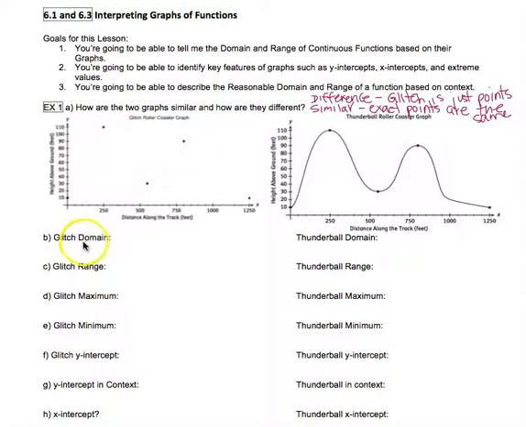So the domain of the glitch, because these are just individual points, remember that domain is the input or the x values. Remember that we had that saying Dix Roy. So domain, input, x values. So the domain here is the x value of 0, because that's the x value here.